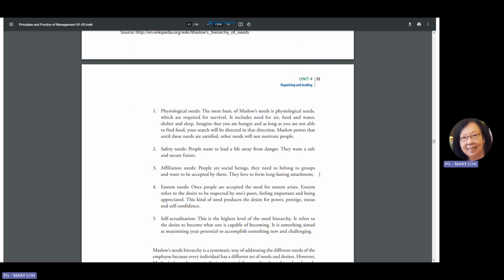So as a manager, how do you ensure that people are happy? Of course, this is not as easy as we say or explain it in theory. In an ideal situation, the manager should try to find what we call a person-job fit.